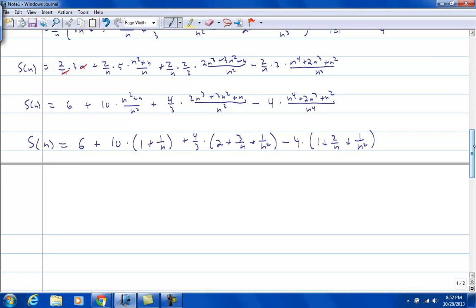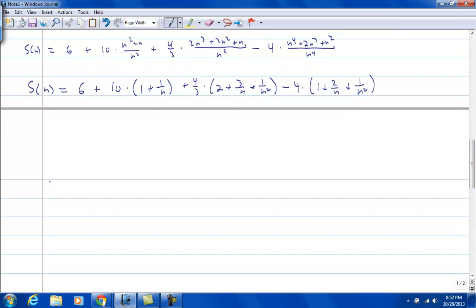So now that we have that, we're going to take the limit as n goes to infinity of our sum S of n. And that's going to be the limit as n goes to infinity of 6 plus 10 times 1 plus 1 over n.